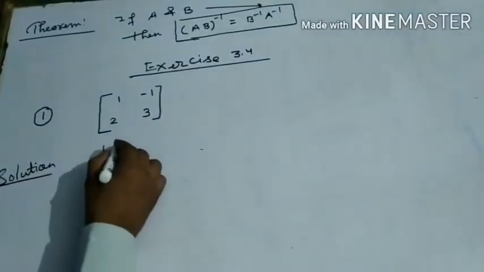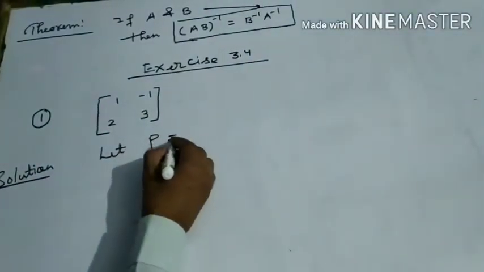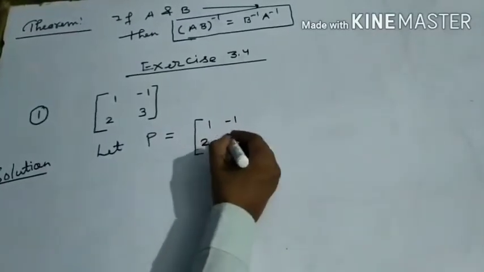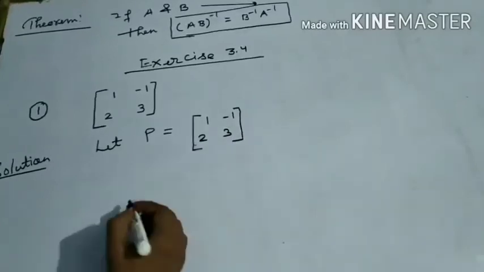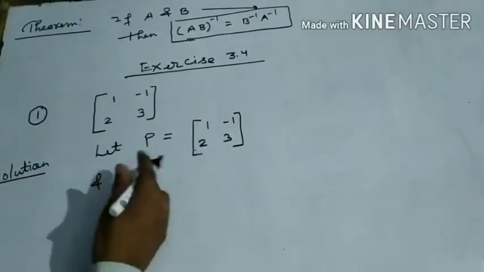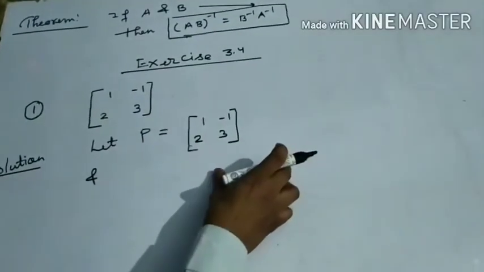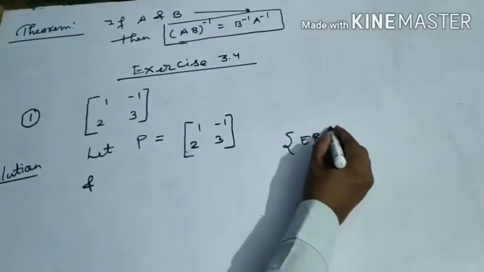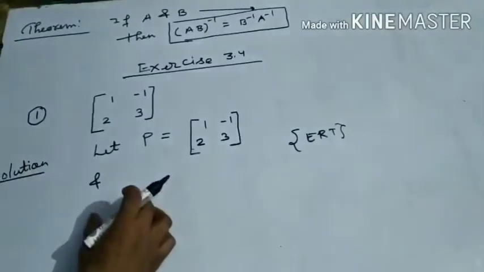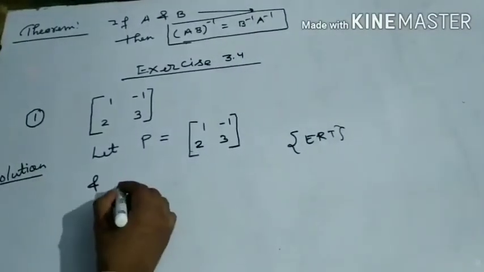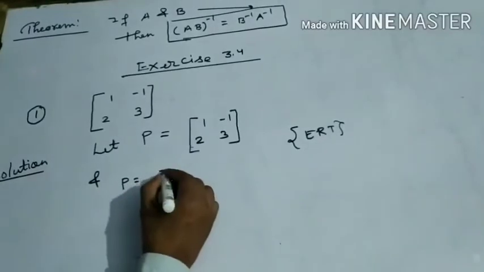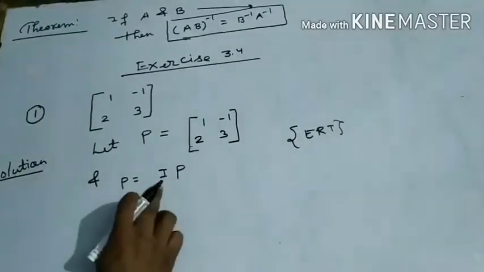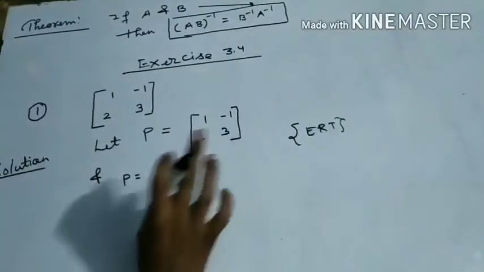Let P be equal to the matrix 1, minus 1, 2, 3. Here we are going to apply elementary row transformation. Then we consider P equal to I into P, where I is the identity matrix of order 2.